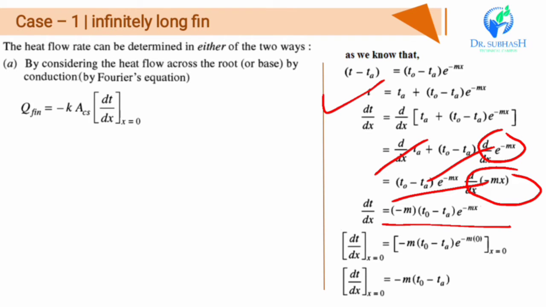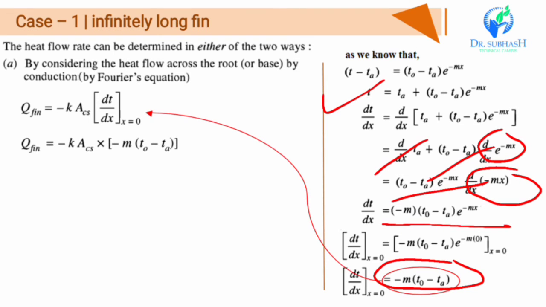Putting x equal to 0, we get dT by dx at x equal to 0 is minus m (T0 minus Ta) into e^(-m·0), which is equal to minus m (T0 minus Ta). Putting this value of dT by dx in the Fourier equation, we get the heat transfer rate Q fin equal to minus KA into [minus m (T0 minus Ta)].